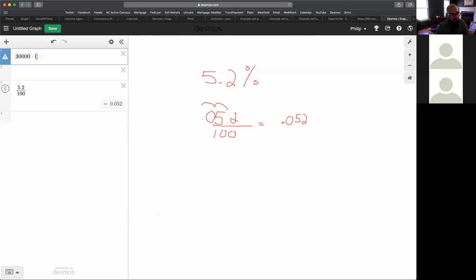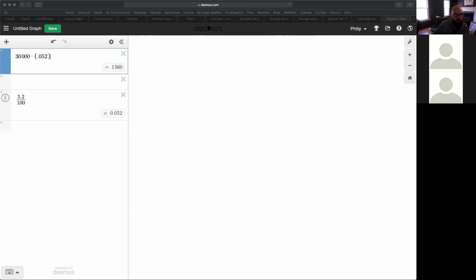If I multiply this by 30,000, what we would get is about $1,560. So at the end of the year, we're going to owe $1,560 more than we did before. That would be at the end of year 1.